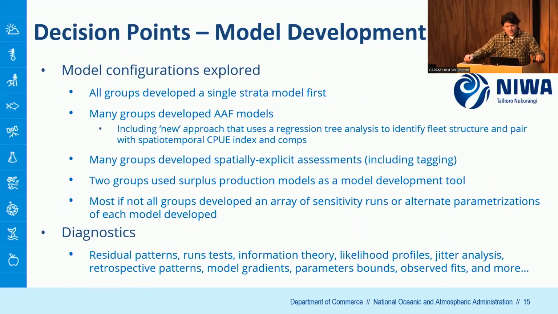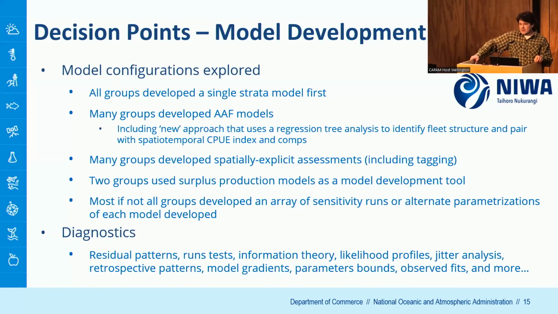In summary, of the configurations that were explored, all groups developed a single strata model first. And some groups developed areas as fleets models. It was interesting, one of the groups included a new or newish approach that used regression tree analysis to actually identify the fleets in that areas as fleets.